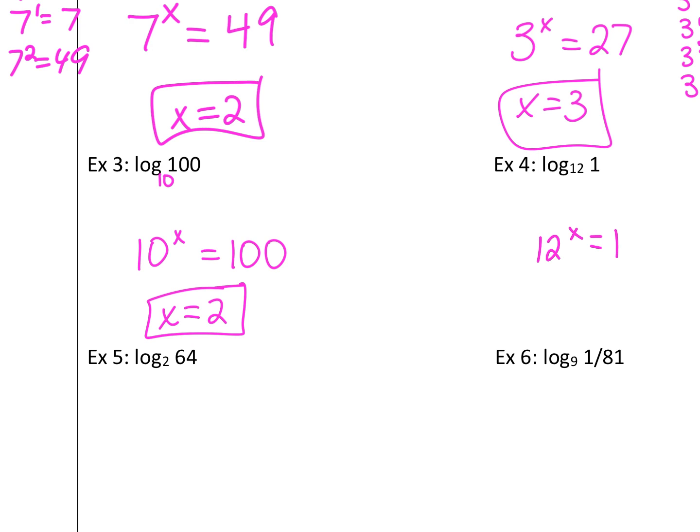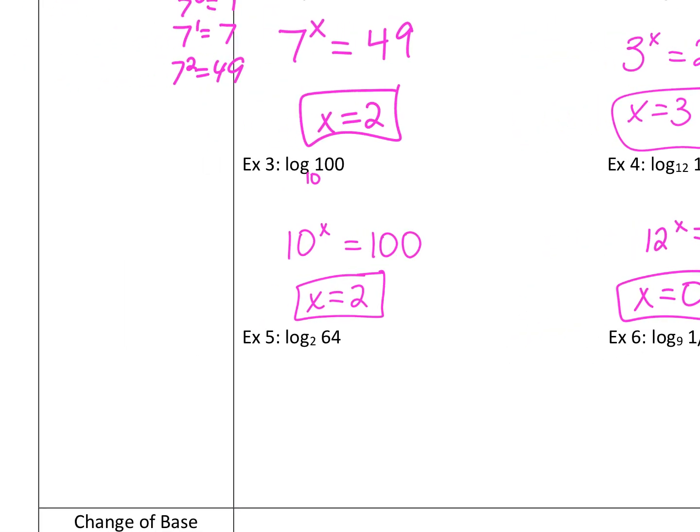Well, we know a rule here. Anything to what power equals 1? 0. Need to know that rule. So write that over to the side if you need to. Anything to the 0 power equals 1. Exclamation point, because it's important.